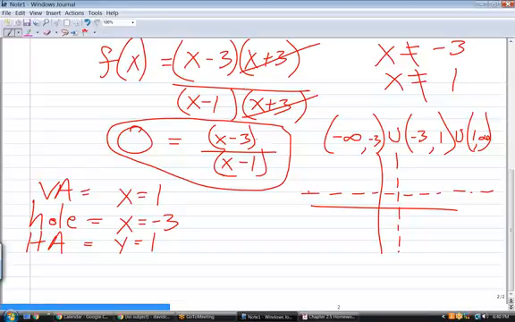So if I set x minus 3 equals 0, x is 3. My graph's going to cross the x-axis right there and only there. So x-intercept at 3.